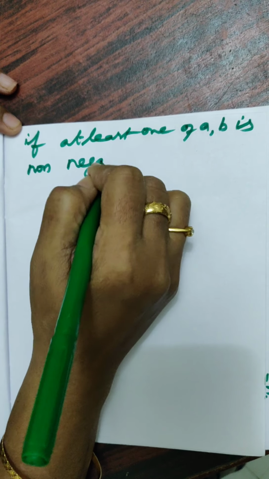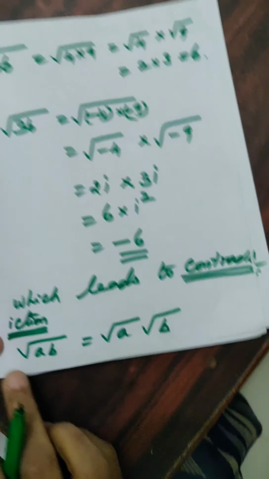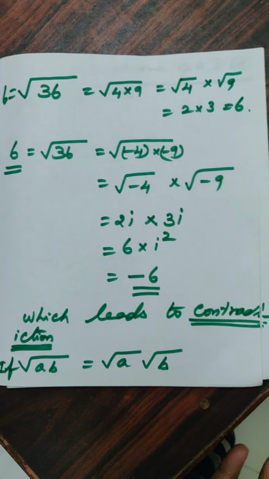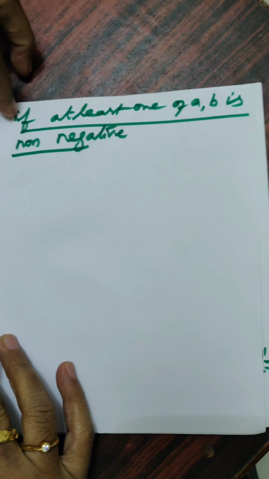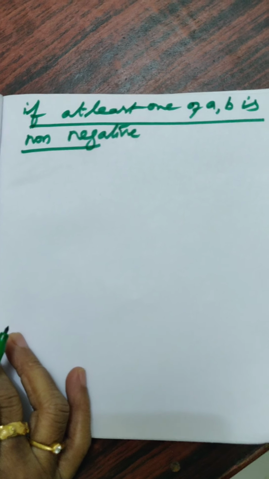This is a very important part. Once again repeating: root of AB equal to root of A into root of B is applicable only if at least one of A or B is non-negative. Is it clear?